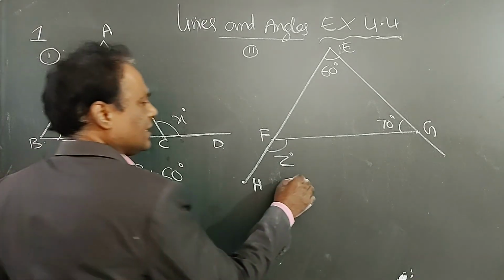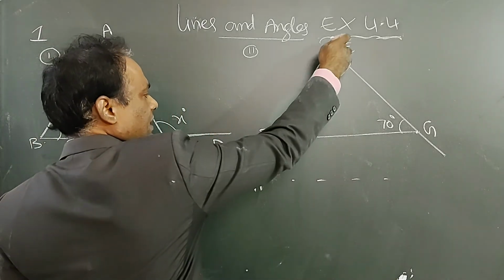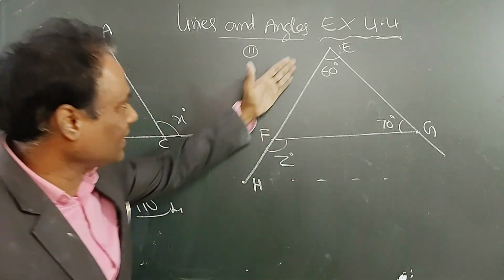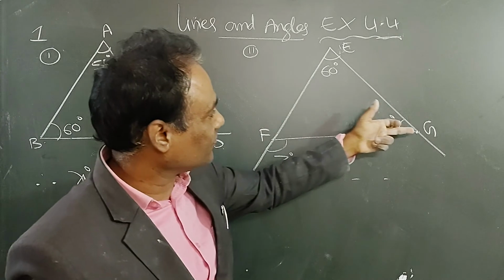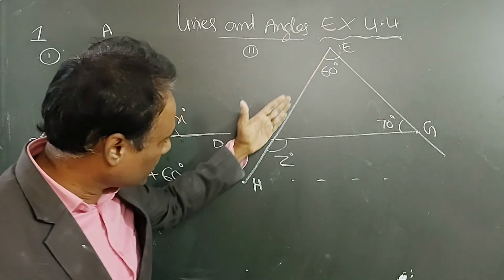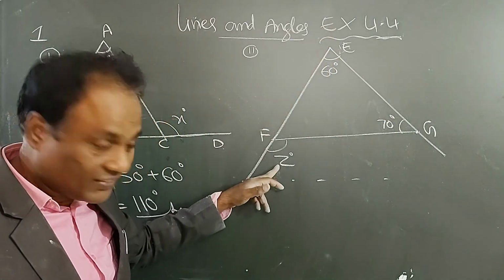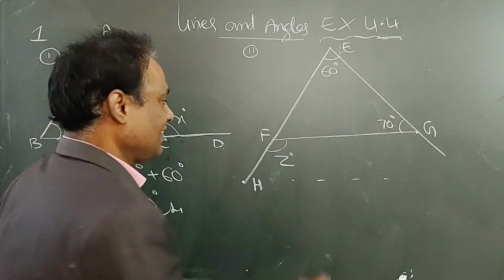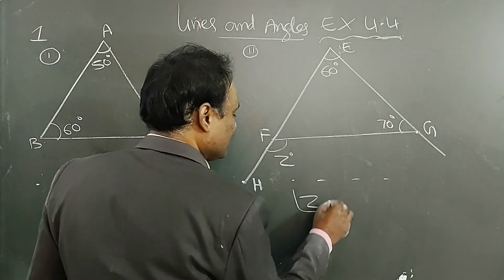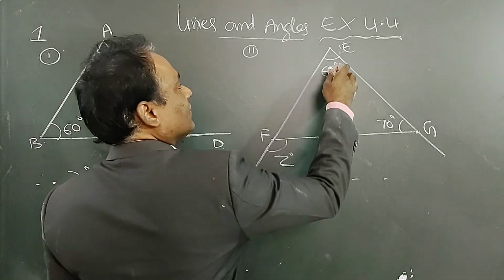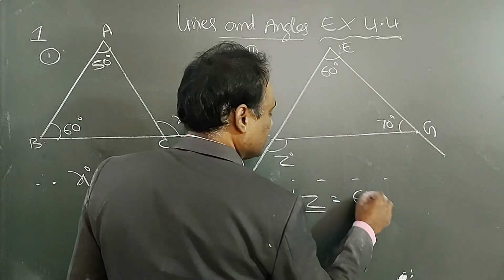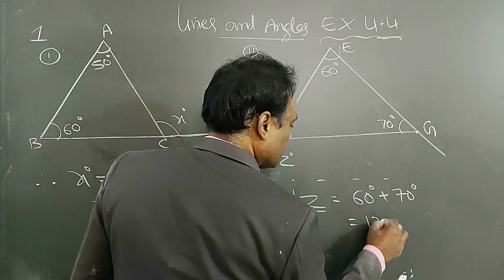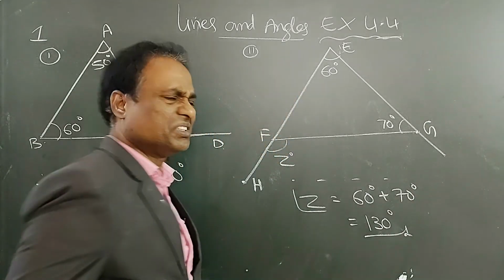Same reason you write here. EF side is produced. In triangle AFG, this side is produced. This exterior angle is equal to the sum of two interior opposite angles. Angle Z is equal to 60 plus 70. That's all.